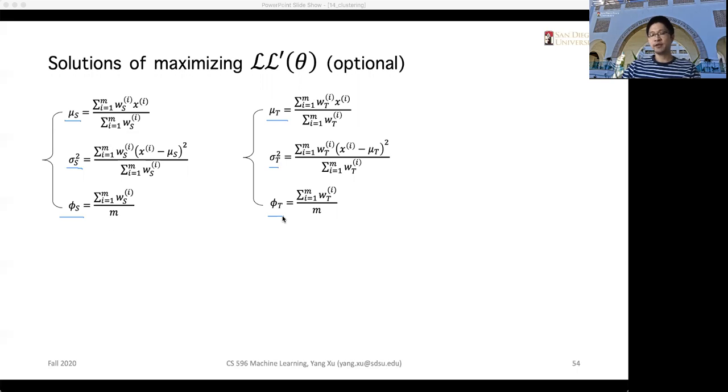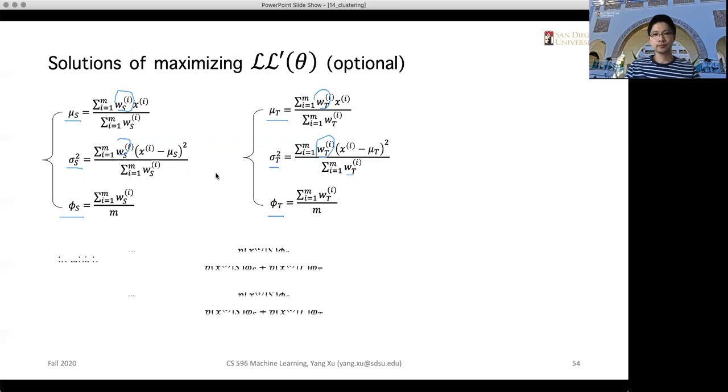We can have these parameters computed purely from data. You may see the WSs and the WTs, but don't worry about the Ws because they are also from the data. The W is the estimated posterior probability for each data point.